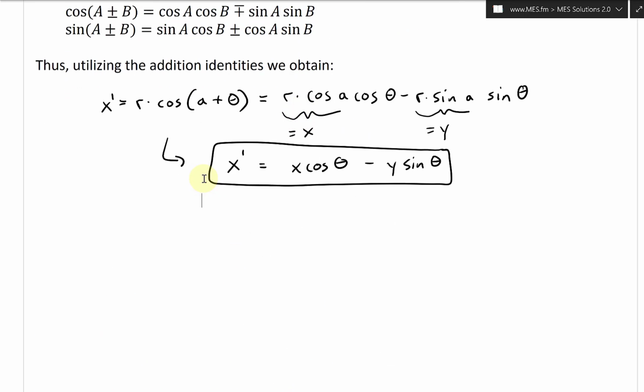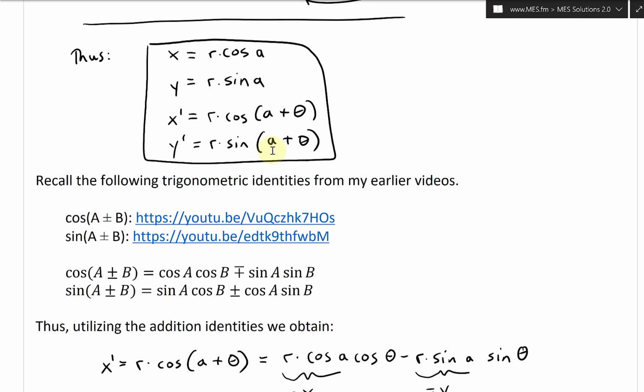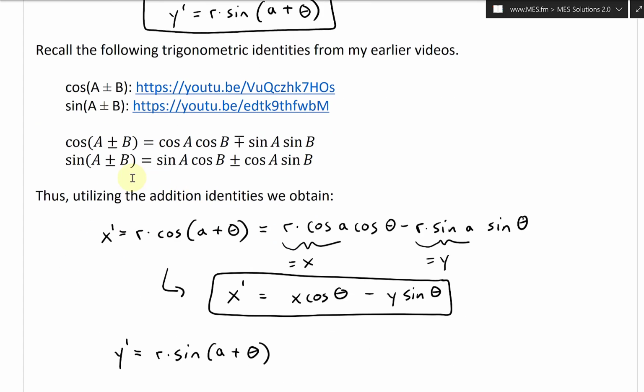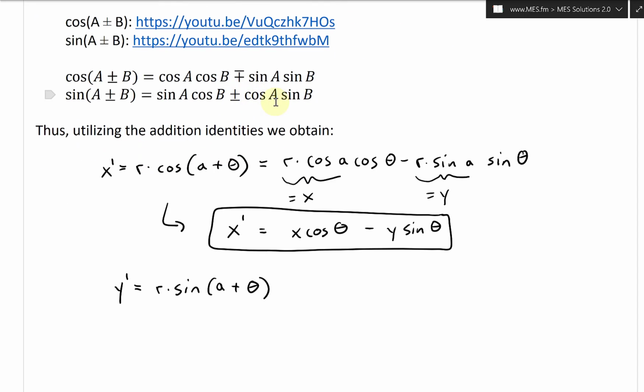So that's for the x. Now let's take a look at the y one. So y prime is the sine one. So y prime equals r sine a plus theta. All right, and now what we'll get is the identity, sine a cos b plus cos a sine b.